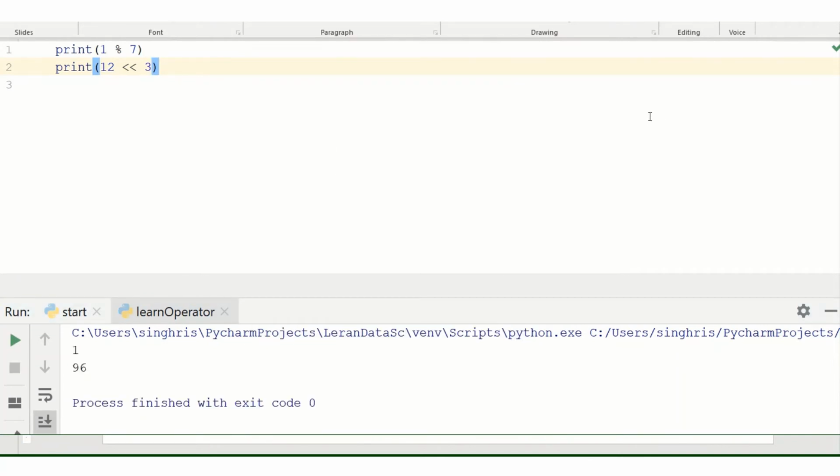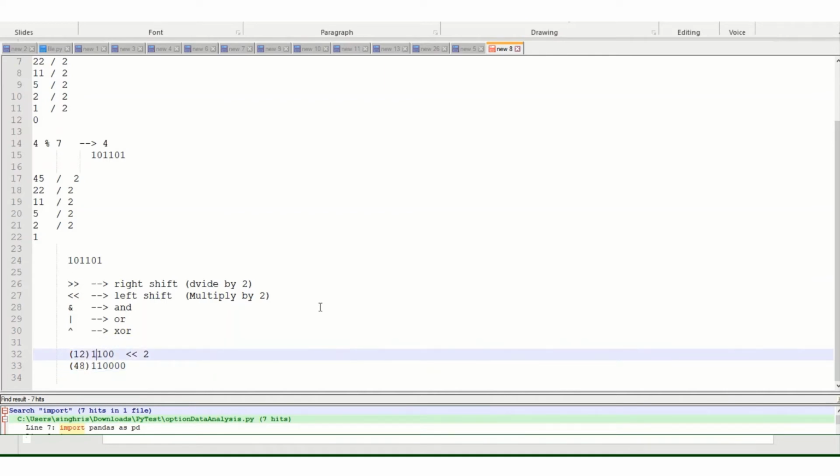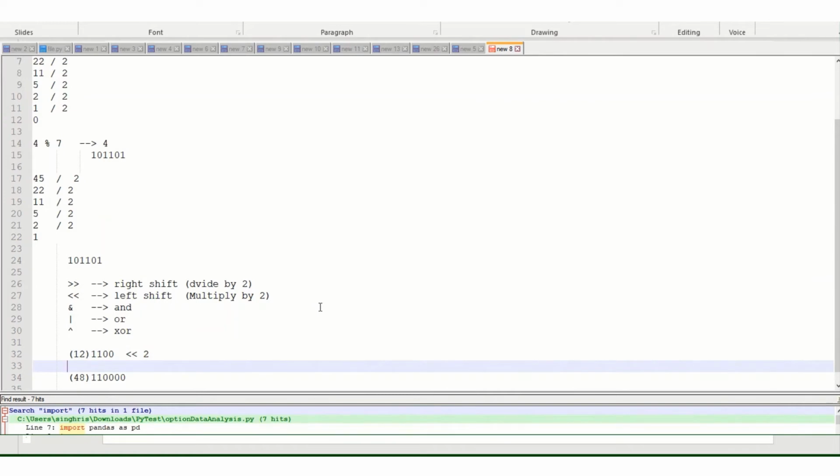Okay, so I hope now you understand about the left shift. Now I will discuss the right shift. So similar to multiplication, if you shift a number right, then what will happen? You are doing the division.